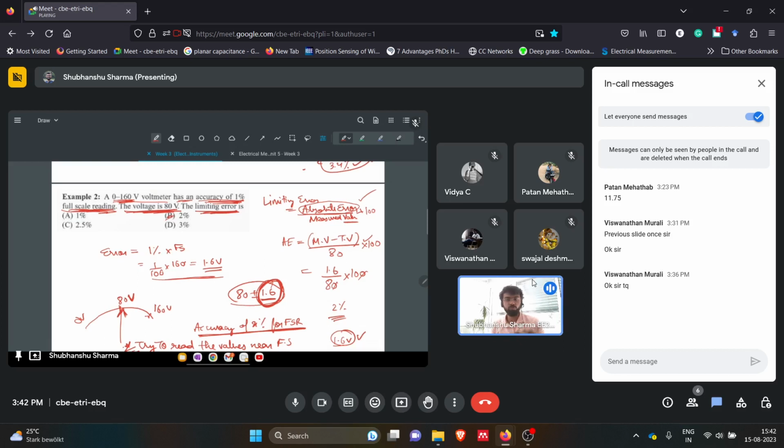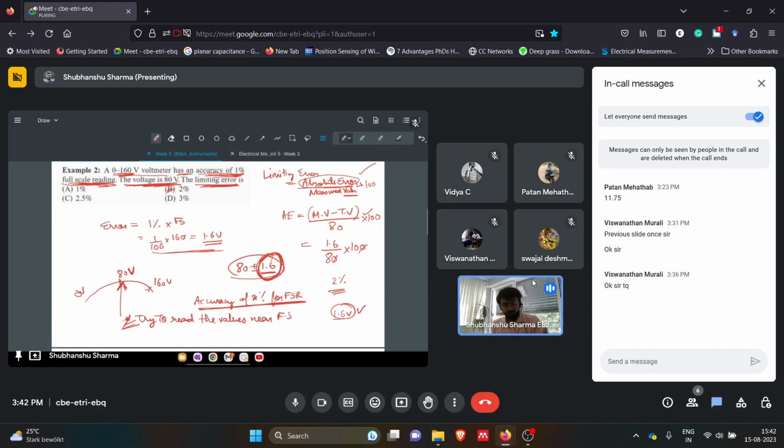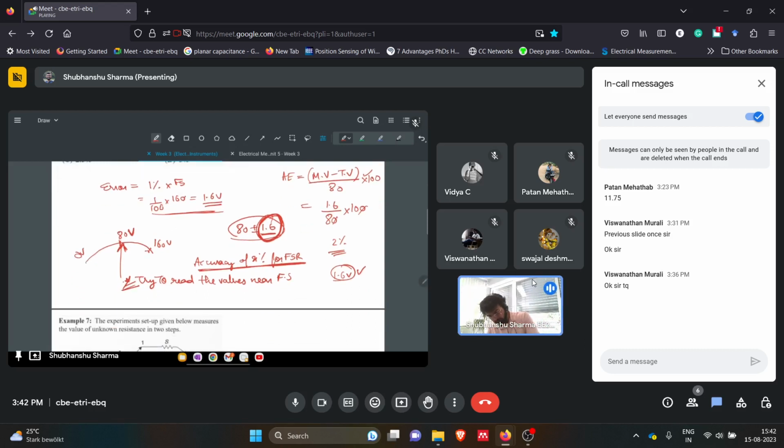Let's say you are doing an experiment measuring voltages near 120 to 130 volts, and you know the values will lie between them. Then a voltmeter with a 160 volt range is better than a voltmeter with a range of 0 to 200 volts.